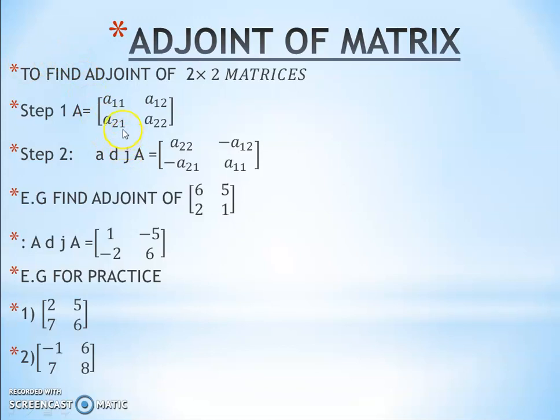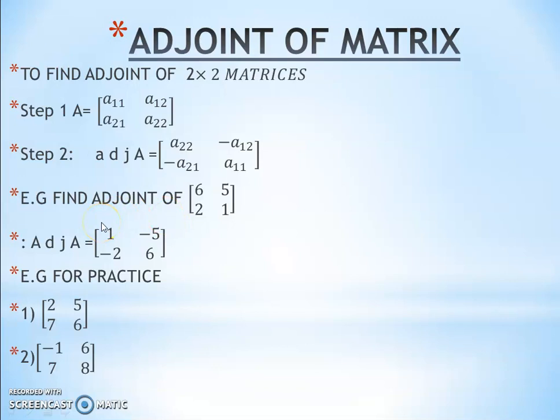Here A21 also we have to change the sign. If it is positive, it gets negative; if negative, it gets positive. That is the compulsory step we have to follow. That's why adjoint of A for a 2 by 2 order matrix is given by: interchange A11 with A22, A22 with A11, and minus A12 and minus A21.